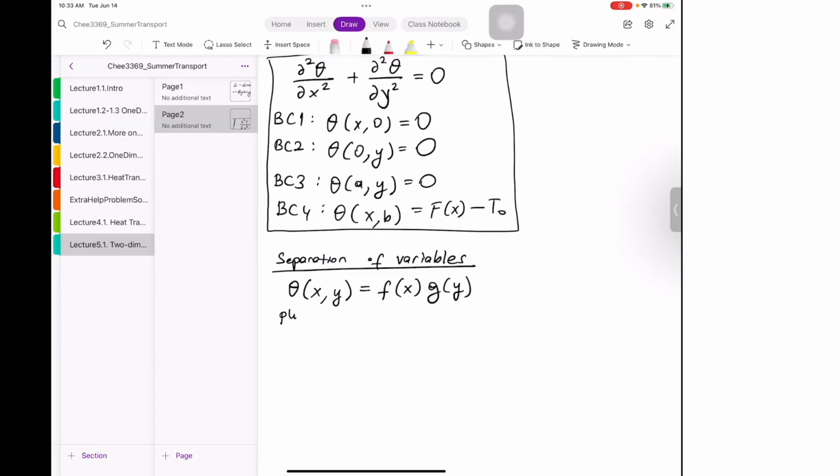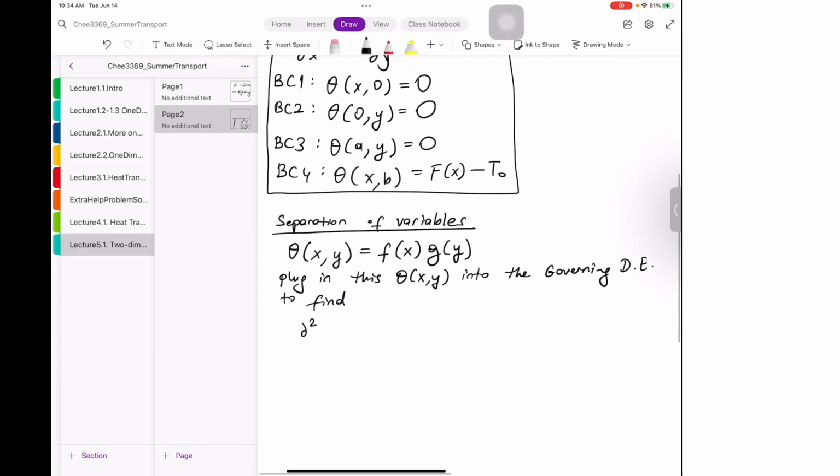So plug in this theta of x, y into the governing differential equation to find del square over del x squared of theta, which is f of x g of y, plus del square over del y squared of f of x g of y is equal to 0.